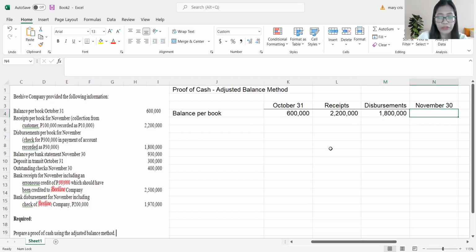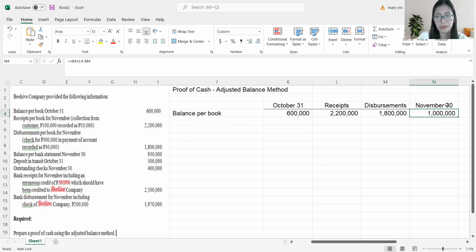Our November 30 balance is not given per book or per problem, but you can always compute for that balance. Knowing that your beginning cash balance plus your receipts minus your disbursements gives our ending na balance per book.